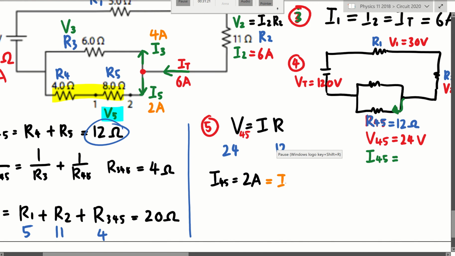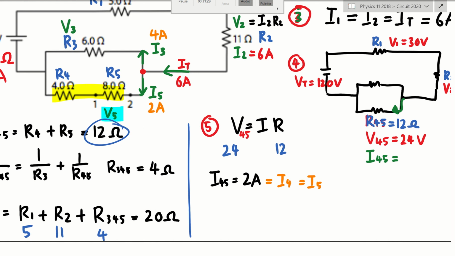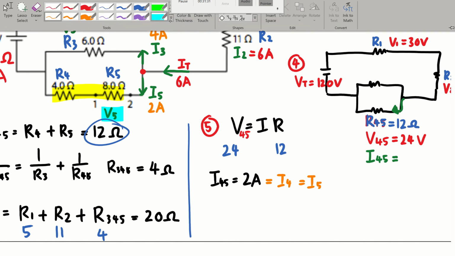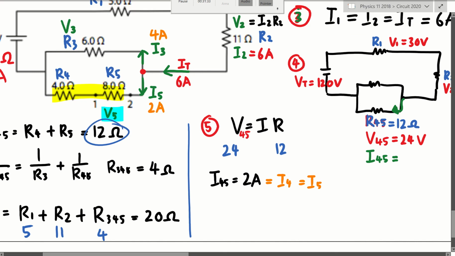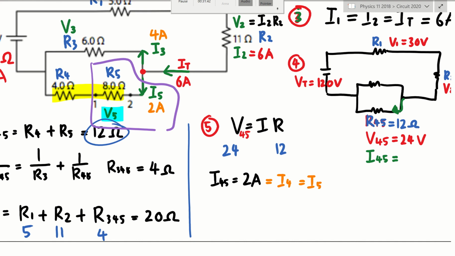So this is I4, which is also I5. Wait a second. We have the 2 out of 3 thing on resistor number 5 now. Voltage is what we want. I have current 2 amp and I have resistance 8.